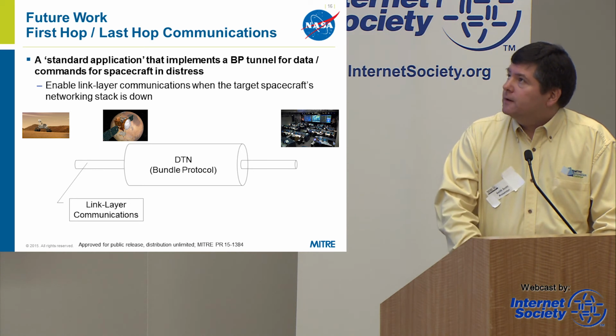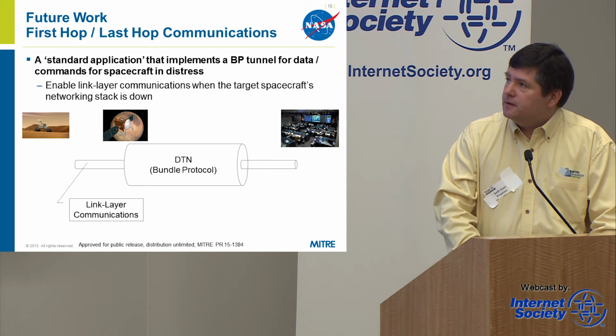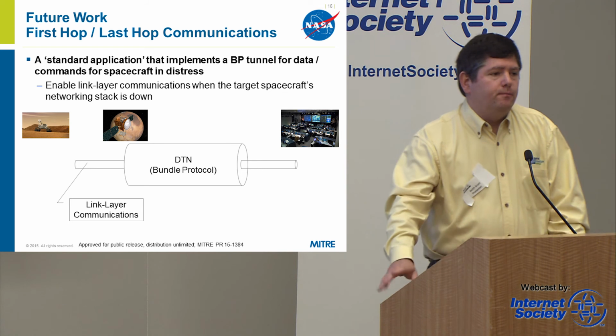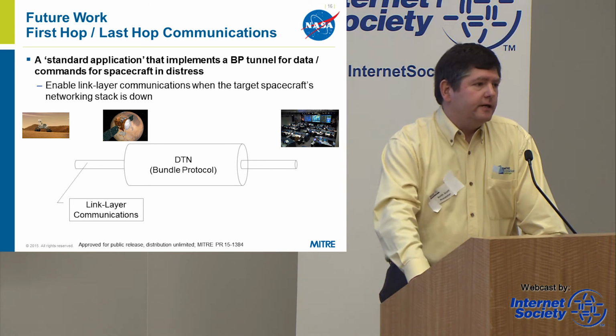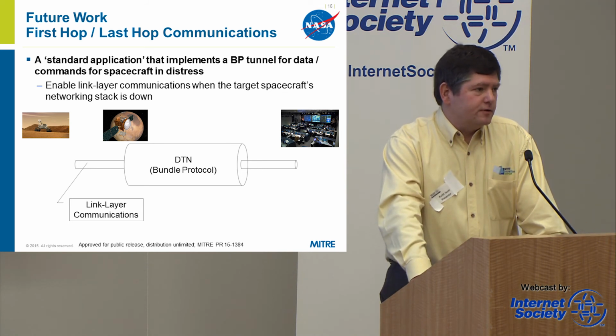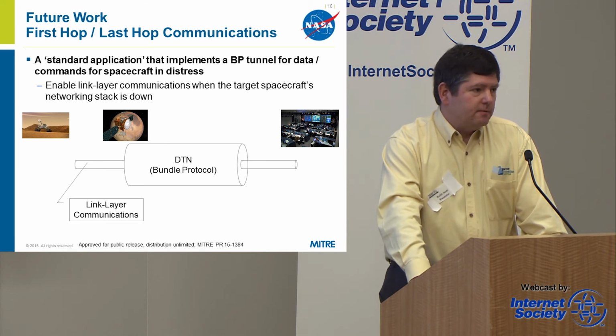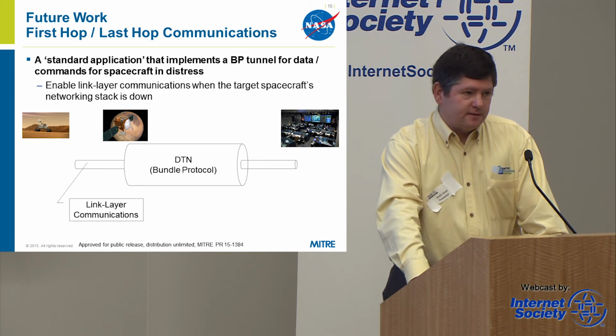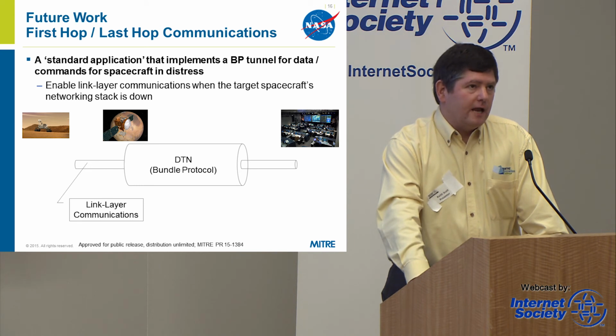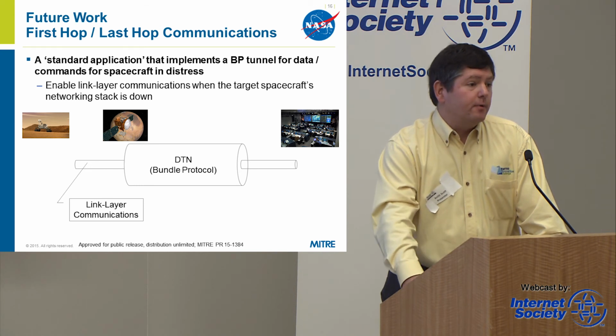More future work. Many spacecraft are built with essentially link layer commanding. When everything else goes wrong, all you have is a link layer frame, and you'd better be able to send some commands in that frame that allow you to perform at least some basic operations.